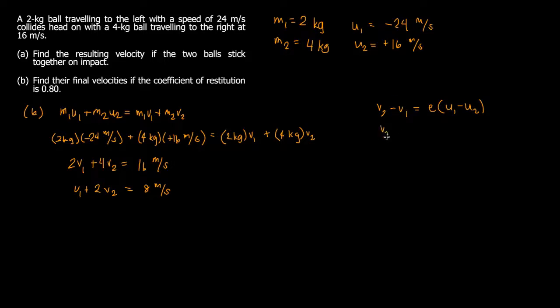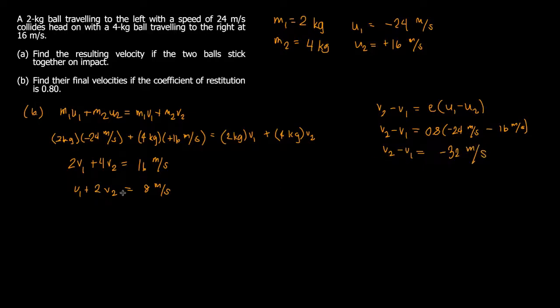So, v sub 2 minus v sub 1 equals, ano yung coefficient of restitution natin? That's 0.8 times ano yung u sub 1 natin? That is negative 24 meters per second minus ang u sub 2, which is 16 meters per second. So your v sub 2 minus v sub 1 is equal to, ano? Negative 32 meters per second. So this is our equation 2.